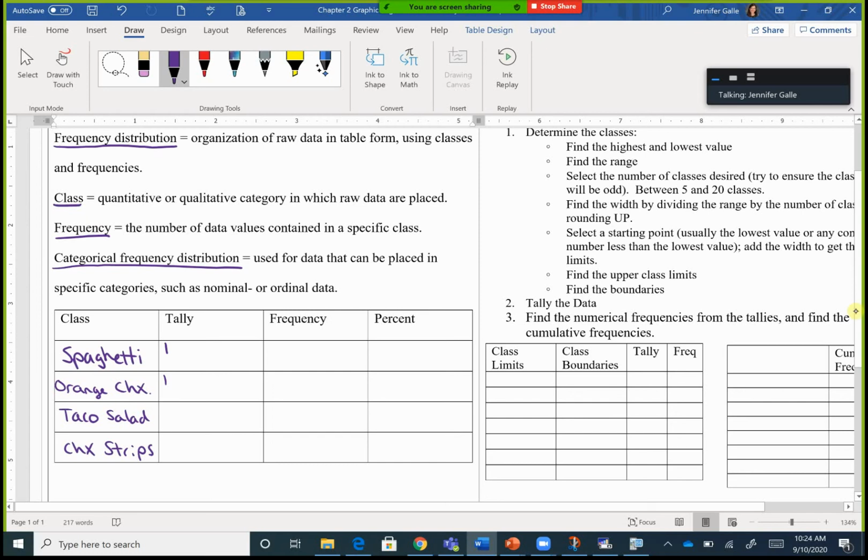Now the next one is taco salad. Then I have a chicken strips. Then I have a taco salad.